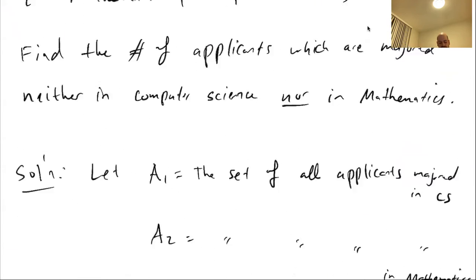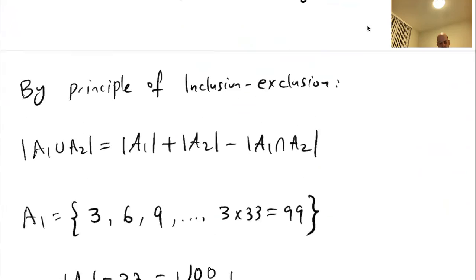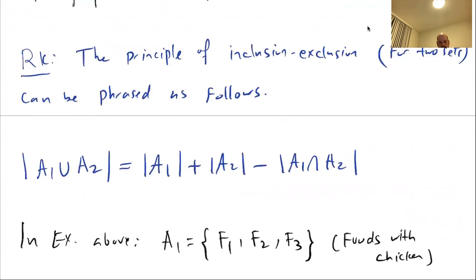For two sets, it is what we call the principle of inclusion-exclusion, which is the number of elements in A1 plus the number of elements in A2 minus the number of elements in the intersection. So the summary for two sets is that we covered both the general case, which is this, and also the particular case where the intersection is empty.